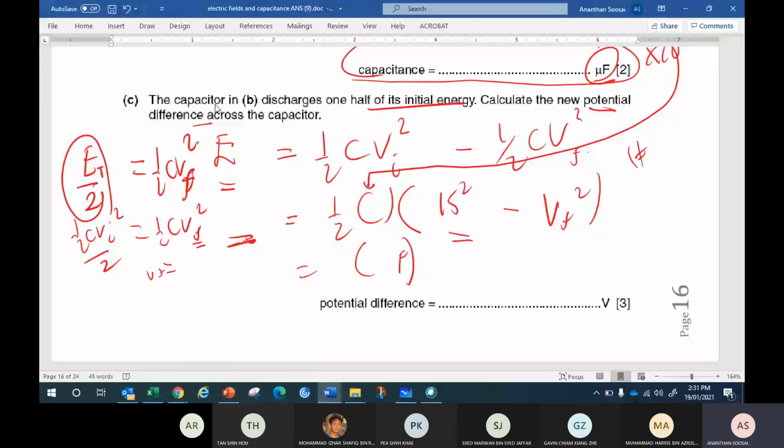Straight away you can use this. Half of the total energy is half C final squared, half CV final squared. So total energy is half C initial voltage squared. Initial voltage we know is 15. C we know, just how we calculated. But any conversion to do, again, C capacitance in microfarad must change to farad. Then C can cancel, easier. Half C can cancel. So you can work out the VF.